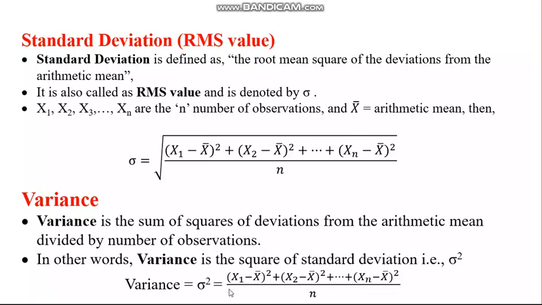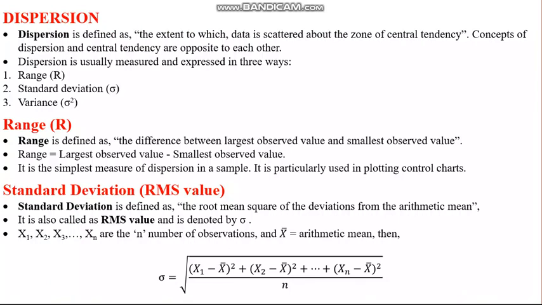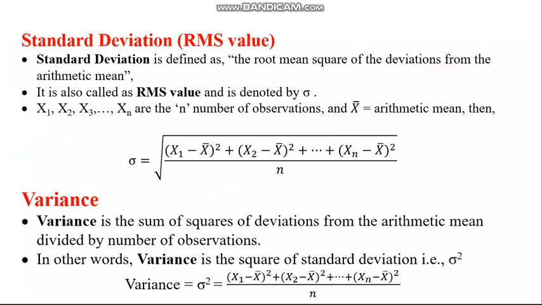So variance is sigma square, equal to (x1 minus x bar) square plus (x2 minus x bar) square plus and so on (xn minus x bar) square, divided by n. These are the three measures of dispersion that we have seen: range, standard deviation and variance.